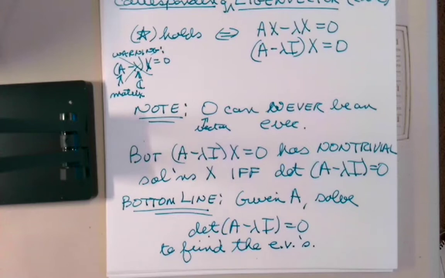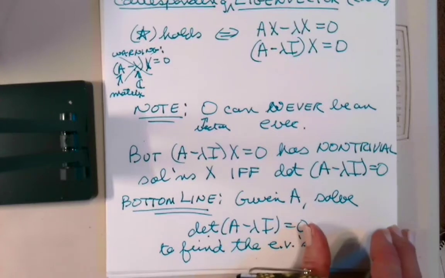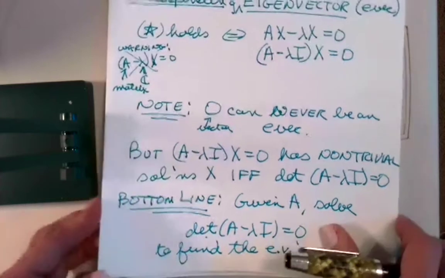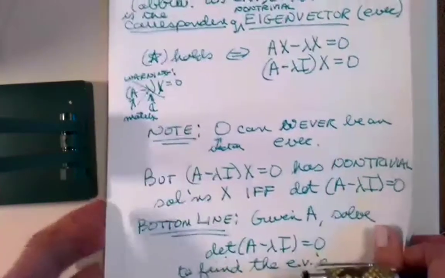Okay. And then we'll talk about how to find the eigenvectors. I'll do that first in the context of an example, because it's hard to write down a general formula for doing it. But let me say something before we do one.